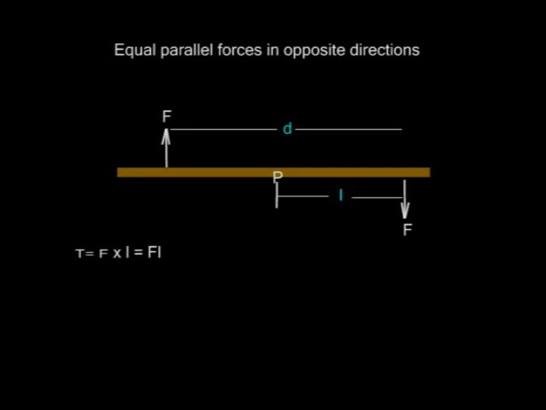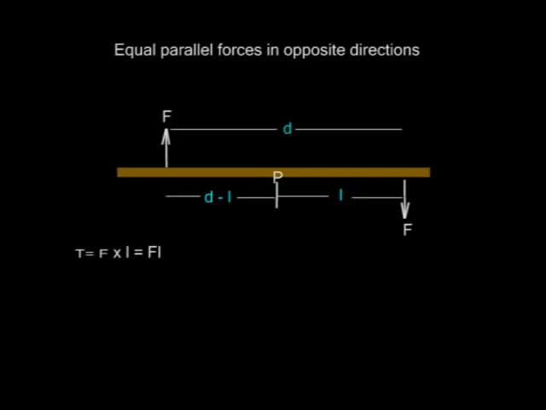Alright? The moment due to the other force. So if the distance from P to one of the forces was L, and the total distance between the two forces is D, then it means the distance between P and the other force is D minus L. Correct?